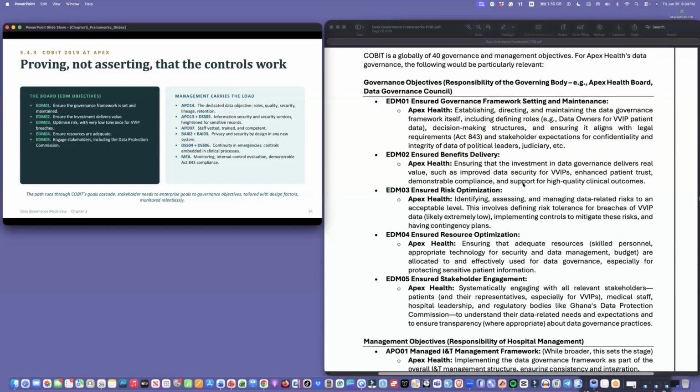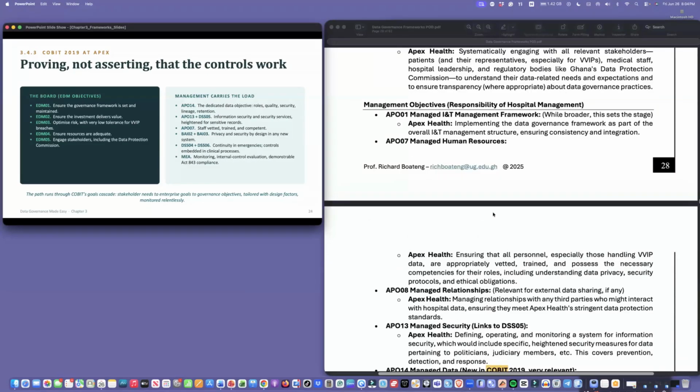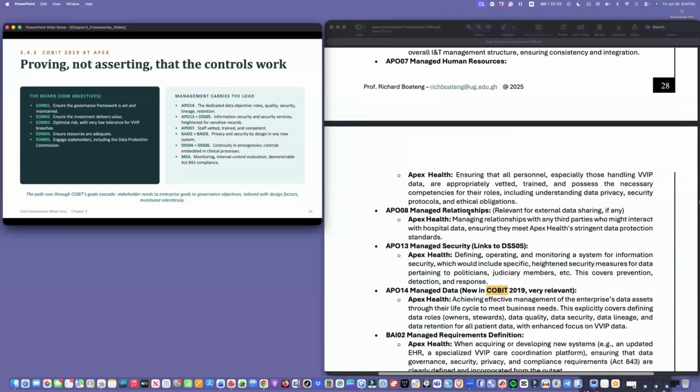When it comes to management, a very good data governance framework coming from COBIT would look at how to manage IT, how information technology assets are managed for data governance, how human resources are managed, and how relationships are managed, especially relevant for external data sharing: which third party we want to interact with, what they can have and what they will not have.